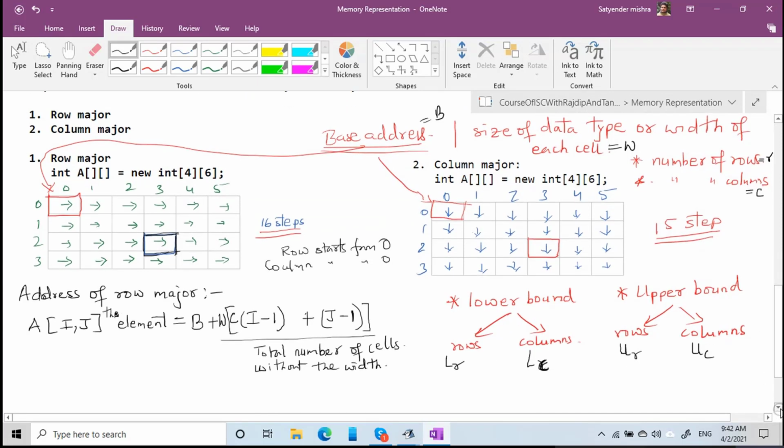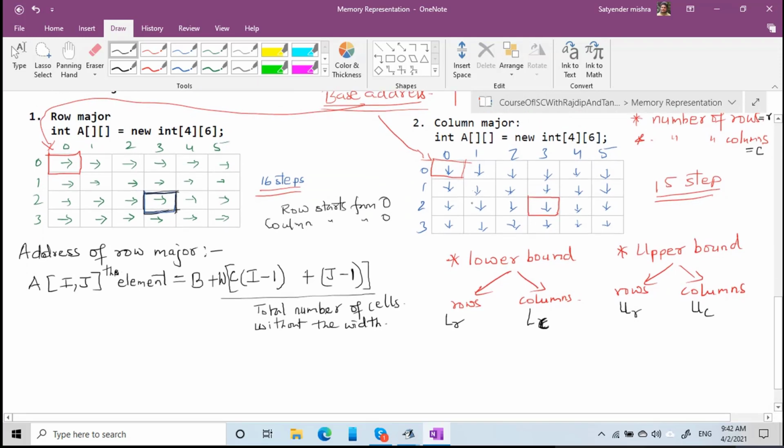So for column major, what would the formula be, to reach this place, okay? Let me write it here again. This is for column major. So here I am writing A of the base address, which is required, right? And to reach this place, I have to write here I - 1, then plus J - 1, right?